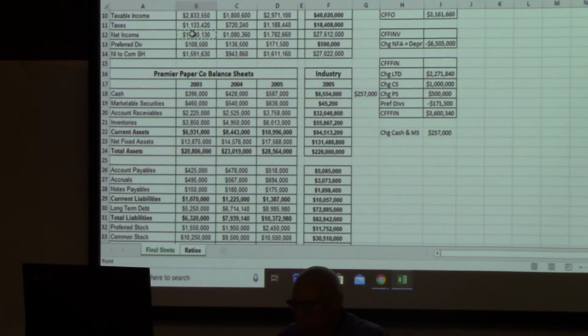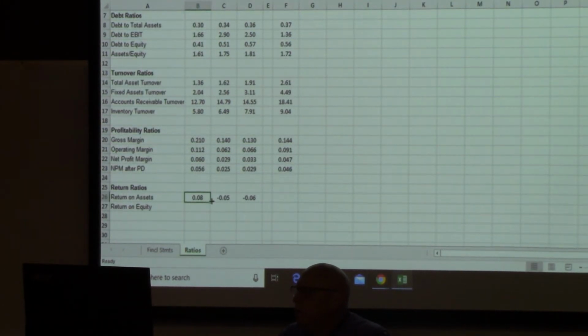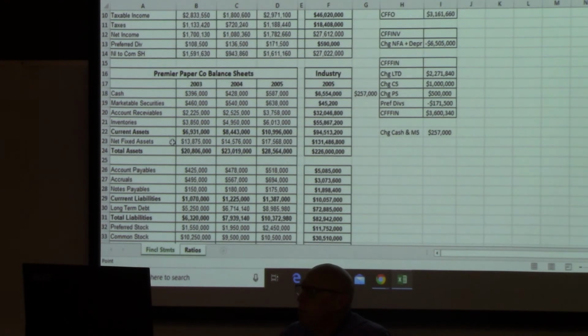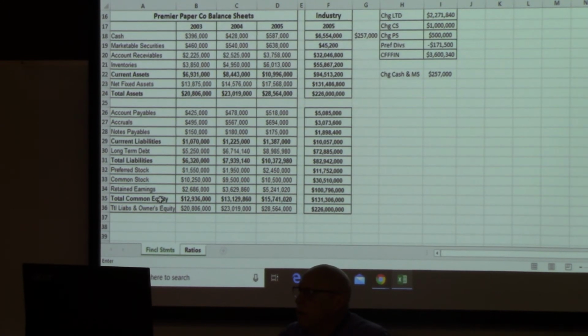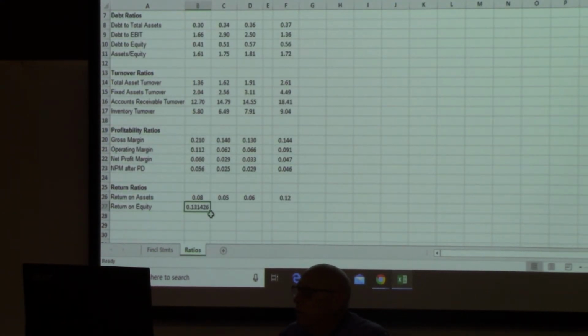Net income divided by total assets. There we go. And is equal to net income divided by common equity. It's actually not common equity, it's total equity.